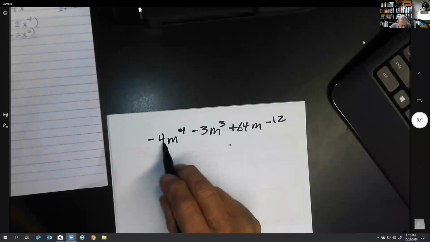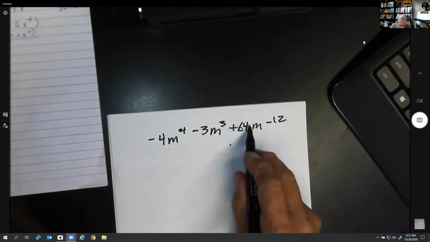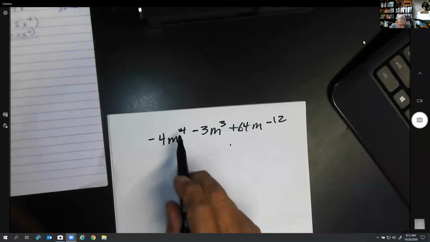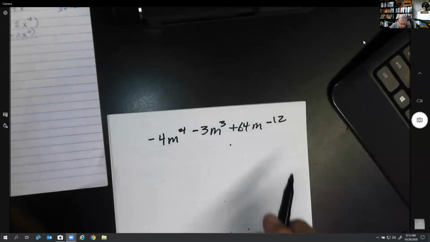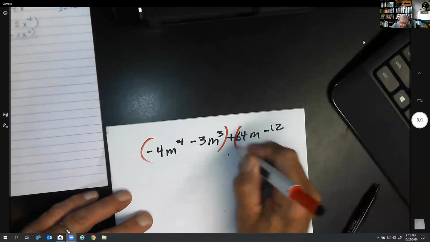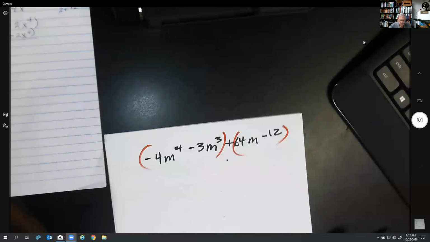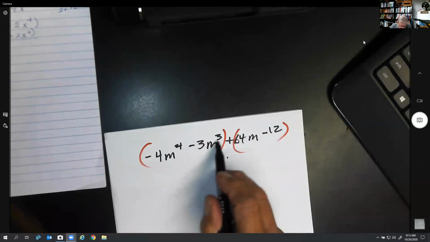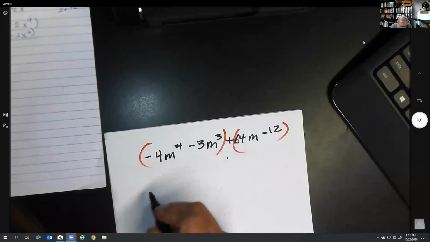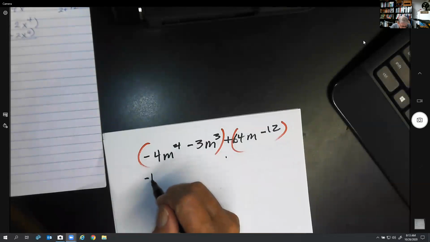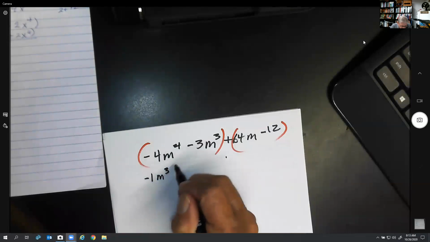Well, at first it looked like I could take a -4 out of everything, and I can't because of the 3. And we see they have M, so I guess I will have to pair this. Pair it up. Okay, so about the only thing I can take out of here is an M cubed, right? But I might also take out the -1 M cubed and make this positive in here.